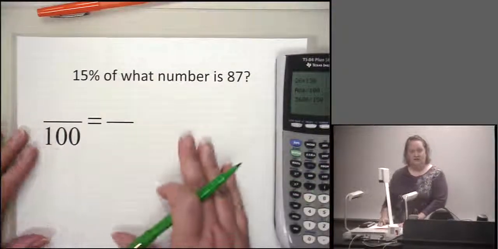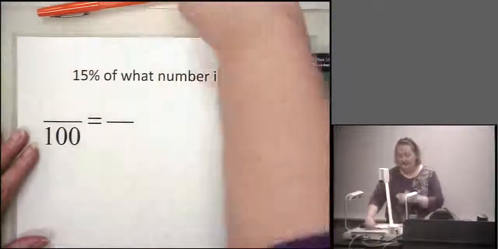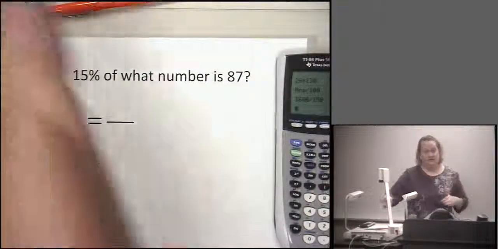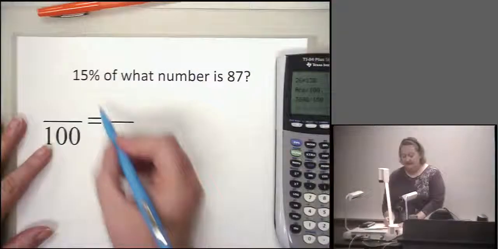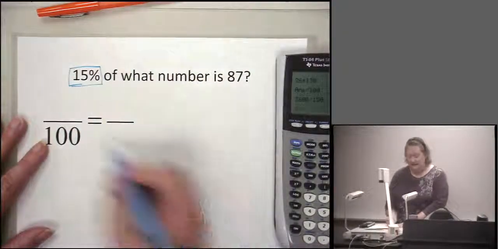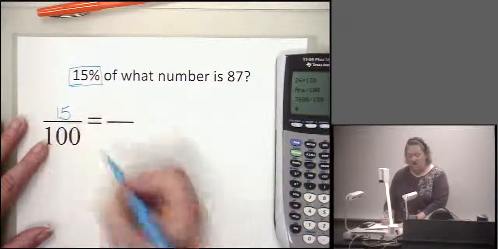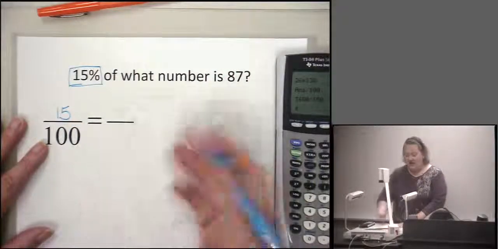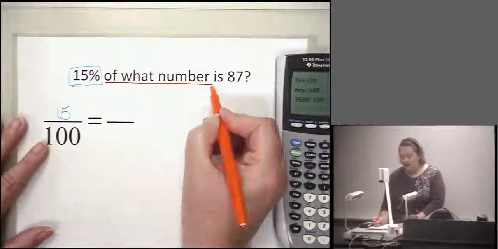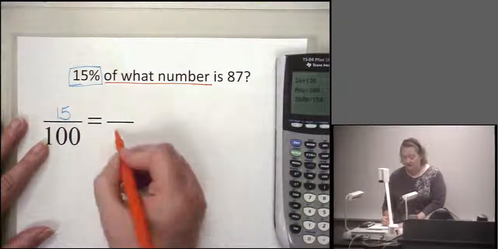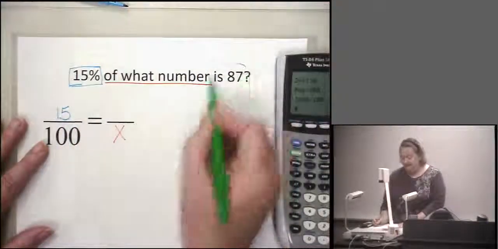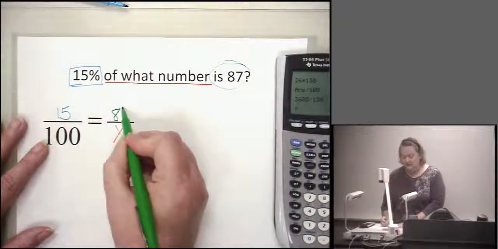Okay, let's look at this one. Again, the first thing I do is draw out the proportion. Next thing I do is look for my percent, which in this case is 15%, and that would be 15 over 100. I then look for my total of what number, so that'll be my X, is the 87. That'll go on top.